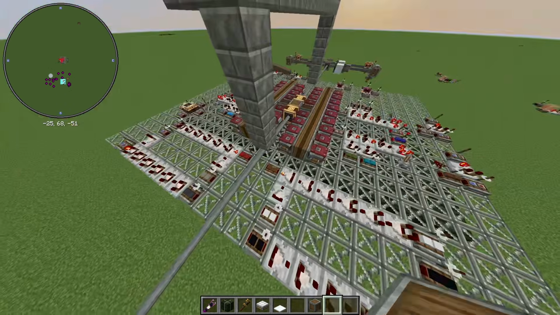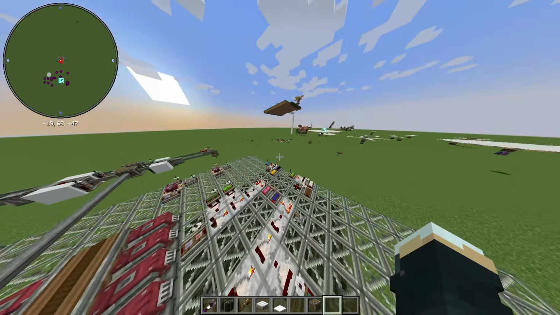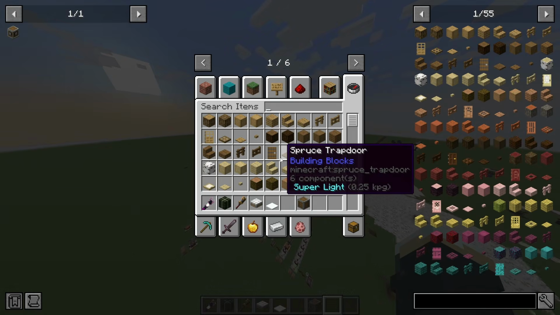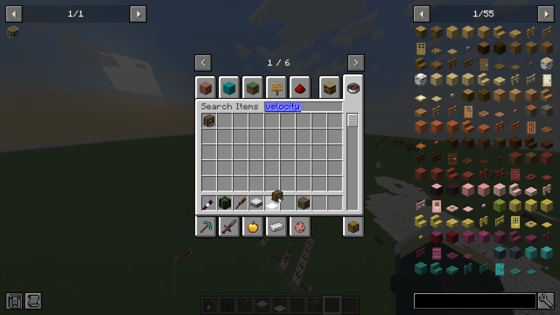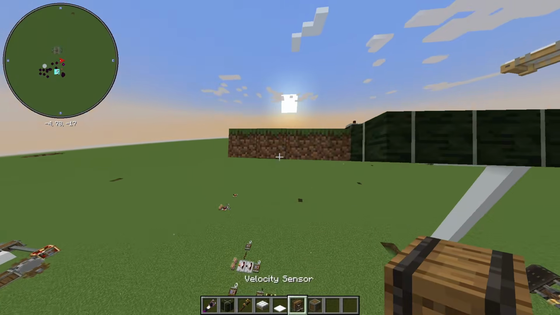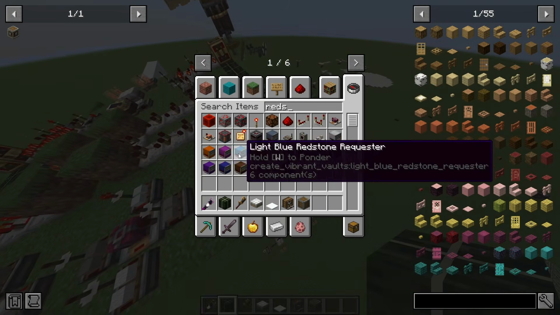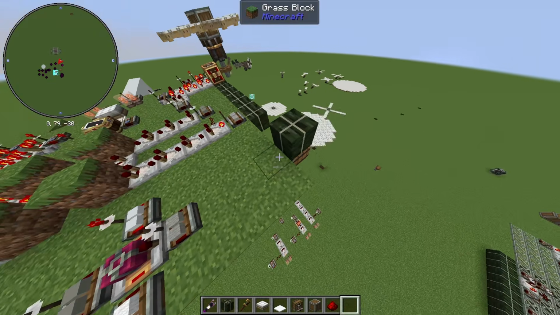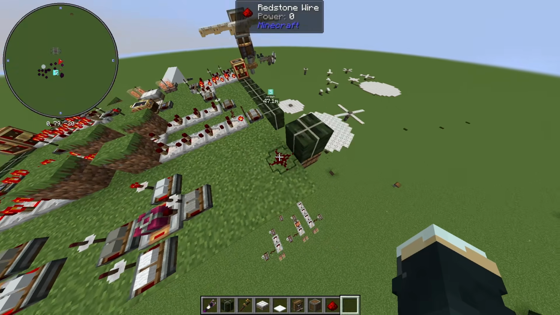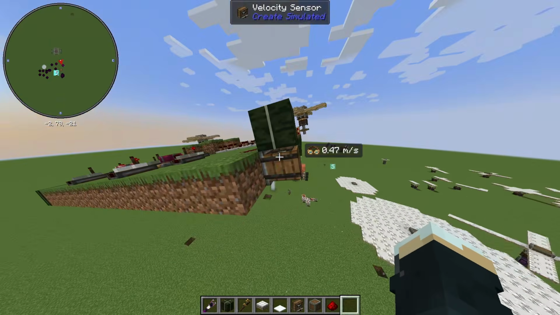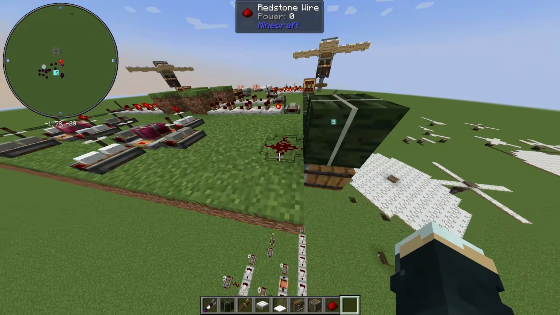And then I think this works for velocity too. Oh, another cool trick actually. You can turn velocity sensors on their side. So if I do that, and then boom, this is actually a very compact, very condensed way of detecting rate of change, right?